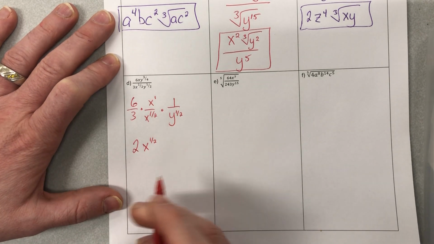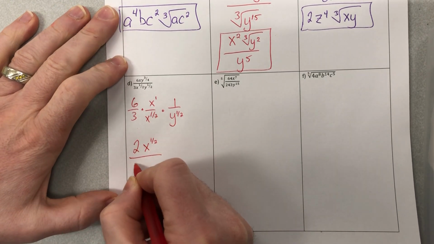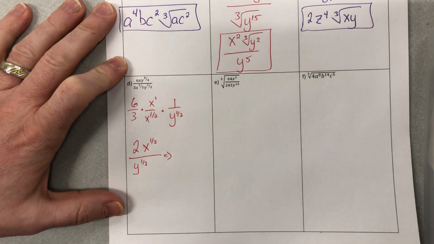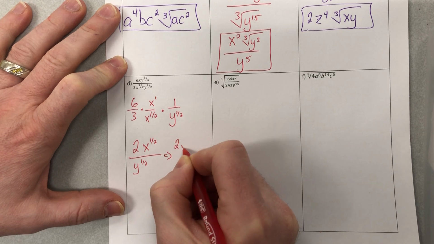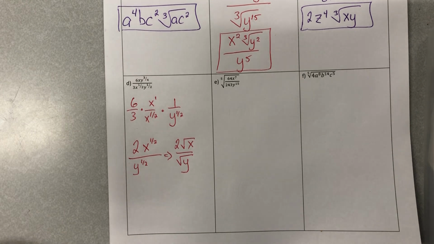And the y in the denominator is 1/2, so that would now be y to the 1/2 in the denominator. If I rewrite this in radical form, this would be 2 times the square root of x over the square root of y. Now what I need to do is rationalize the denominator here.